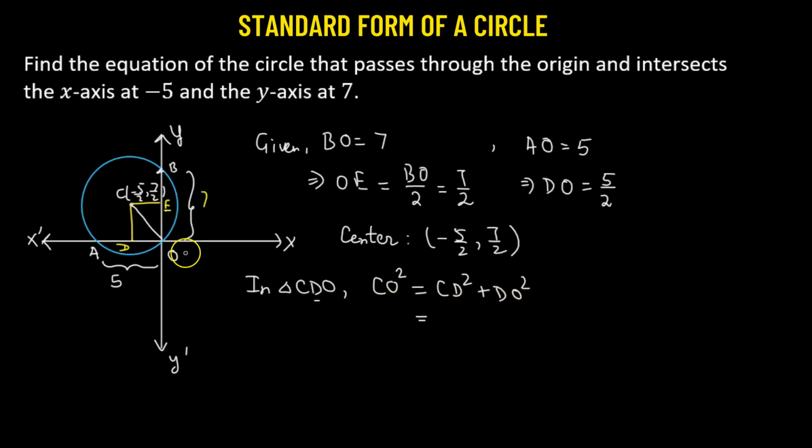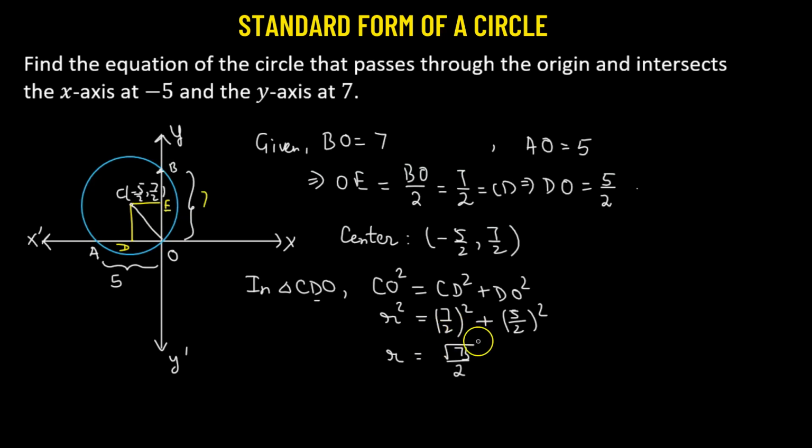We have defined the value of CD, and that's actually equal to EO. So CD has a length of 7/2. So we will square 7/2. Then we go to DO. DO we have already defined as 5/2. So we square it. This is going to be r squared, the square of the radius of the circle. And when we solve for it, we are going to get the radius as square root of 73 divided by 2.